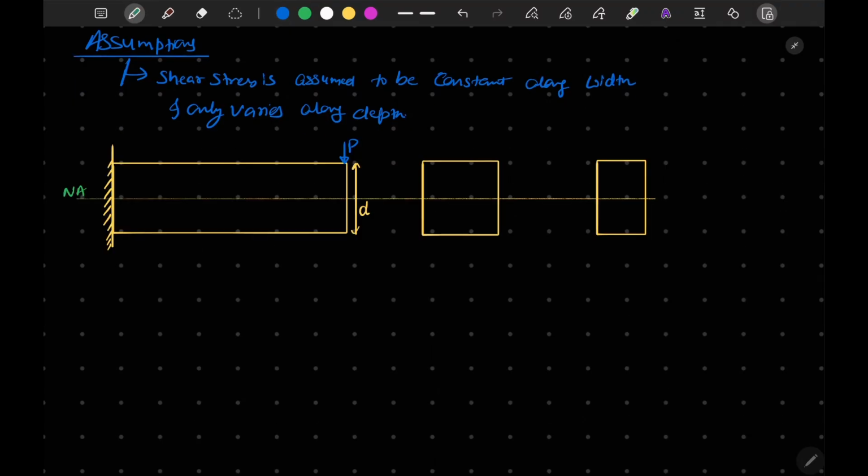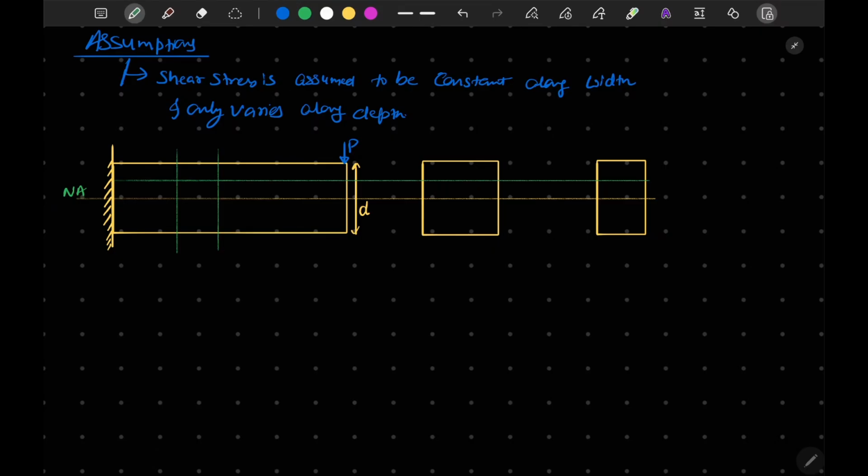So let's say that for this load, this is our beam and load P is applied at the end of the cantilever. This is our cross section area. Let's say at a certain point, on this line, we have to consider the shear force values at two cross sections, this cross section and this cross section.